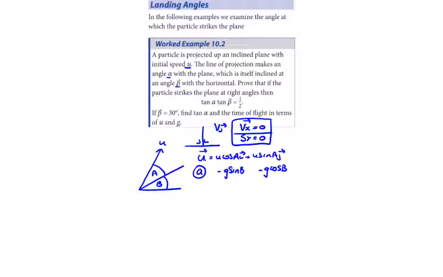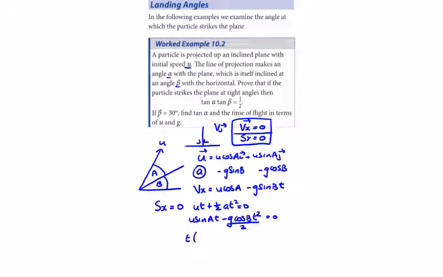My velocity in the x direction is equal to u plus at, u cos alpha, and plus a will be minus g sine beta times t. So we need to know the time taken to get there. We'll get that based on s of x being equal to 0, ut plus a half at squared is equal to 0. So my u sine alpha times t minus g cos beta times t squared over 2 equals 0.